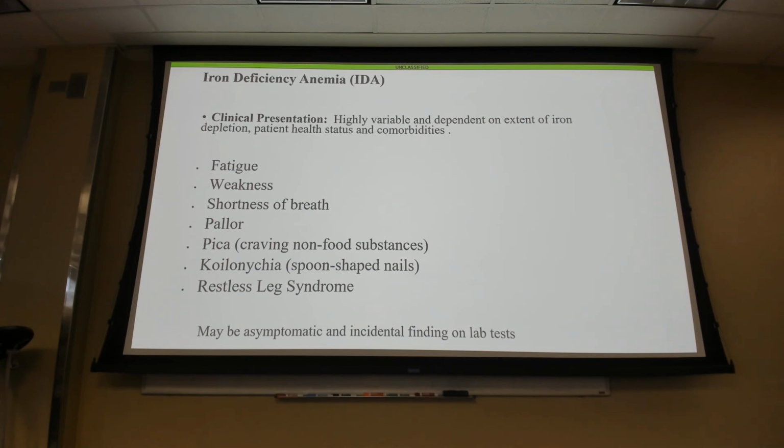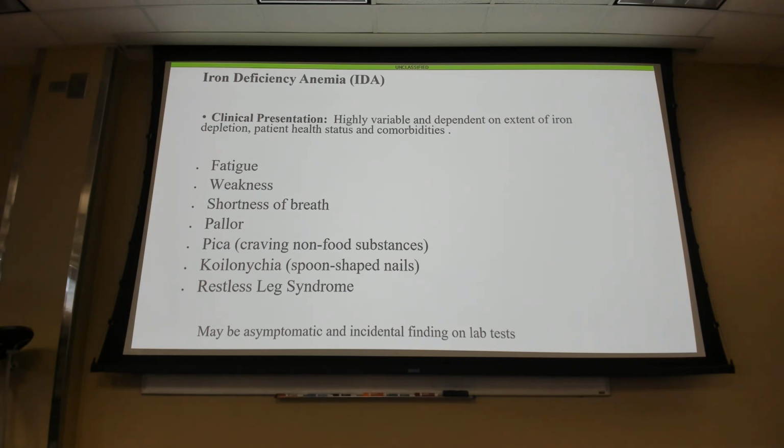Sometimes it's just an incidental finding. Your patient's in for some routine physical, you order a CBC, it comes back a little bit anemic. Now you start going down that trail of why is this patient anemic? And sometimes the patient never realized they were anemic. Or the patient is so far along in the disease process that they're already showing symptoms.